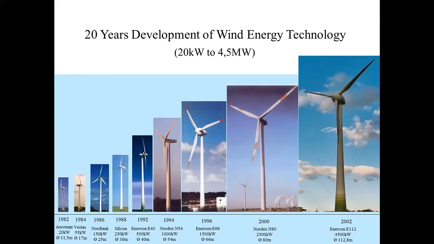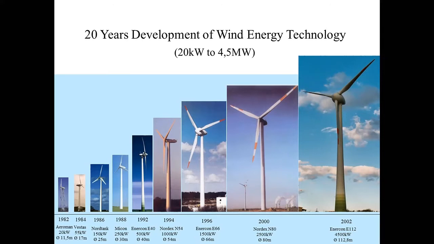I give you a short introduction, and then we come to the grid integration, and then to further aspects. At first, I will show you the 20 years of development of wind energy. Now you see I start here with 1982, with very small wind turbines of about 20 kilowatt, and in 2000 we come to 2 megawatt, and in 2002 to 4.5 megawatt wind turbines.